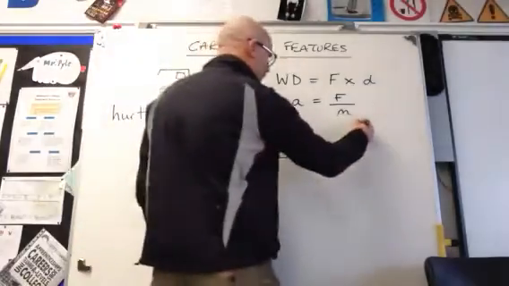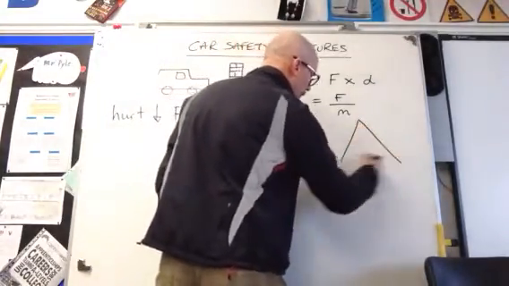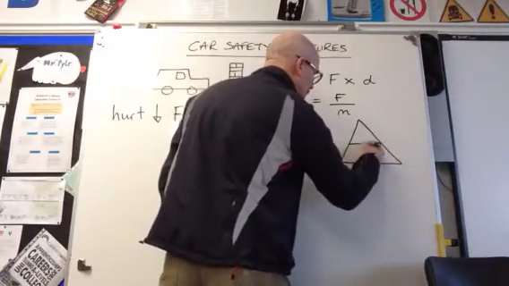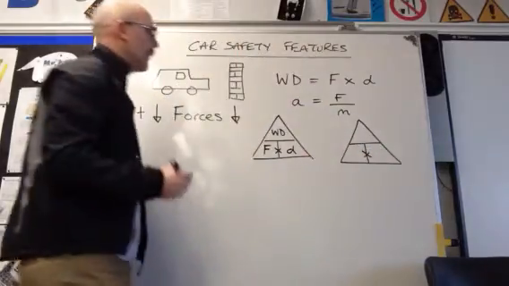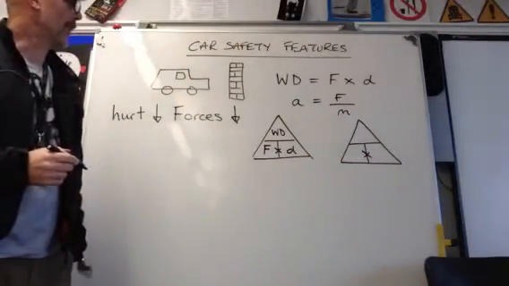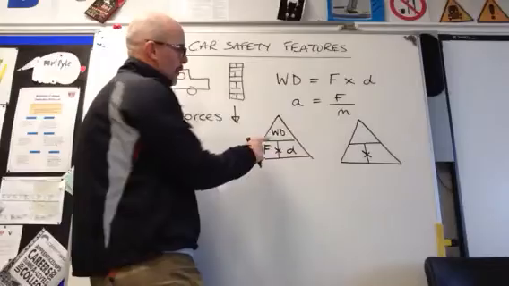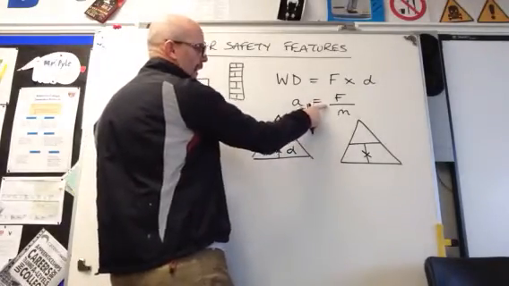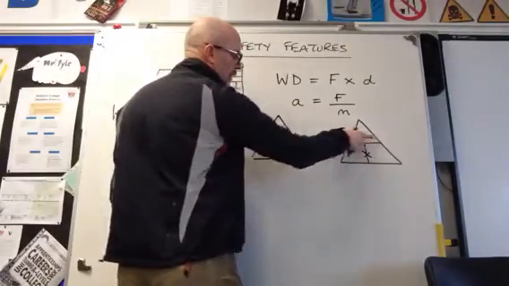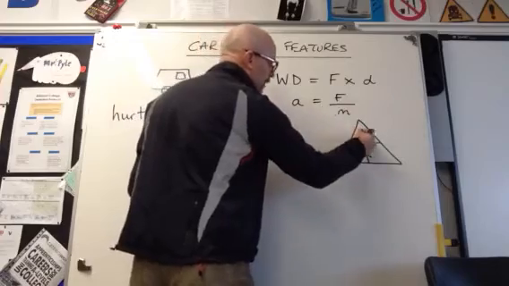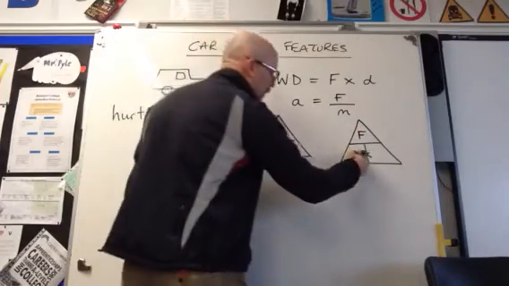If we do the same thing for acceleration equals force divided by mass, this time the divide line is through the middle of the triangle, so the F's on top of that, so that must go here, and it doesn't matter where the other two go.